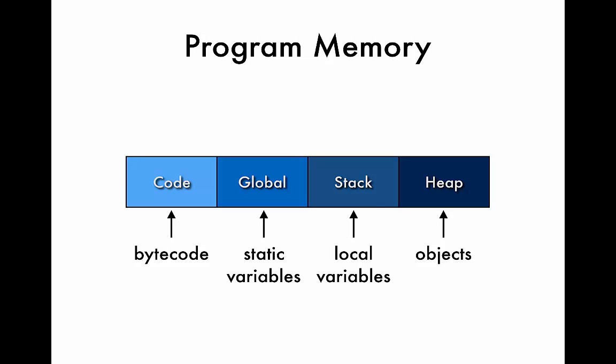Finally, the heap is used to store objects. Objects are accessed by reference variables that are stored elsewhere in memory, often on the stack. But objects themselves do not reside on the stack. They reside on the heap. We'll come back to the heap in a later slide, but let's take a closer look first at the stack.